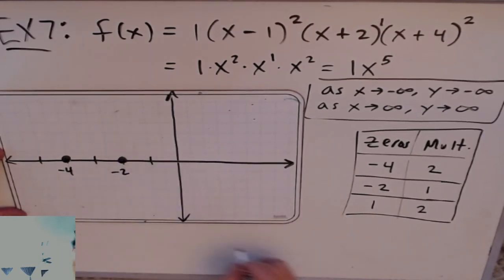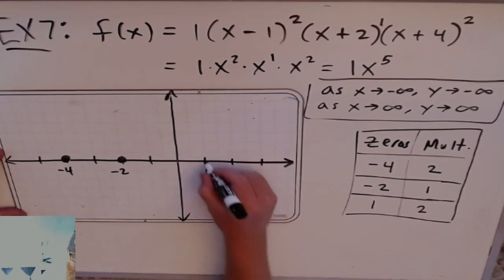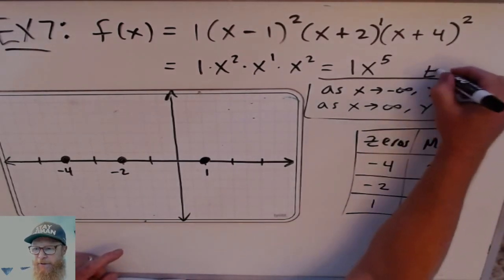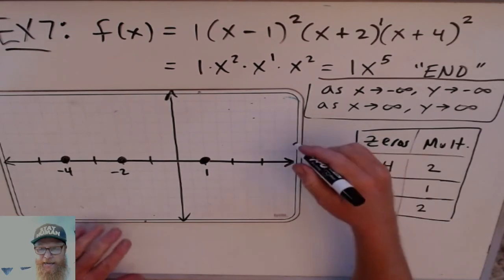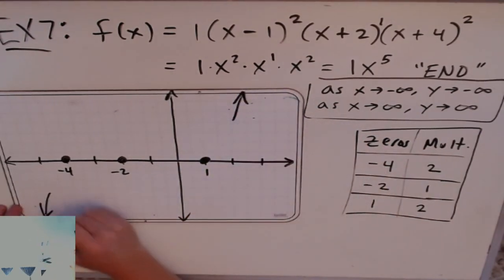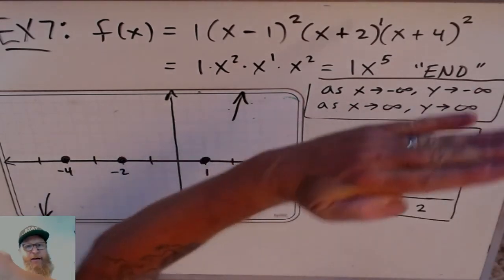There's -2. And there's 1. All right. The end behavior, I'm going to call it the end. Right arrow goes up. Left arrow goes down. So it's kind of like a line going like this, yeah? From left to right like this.